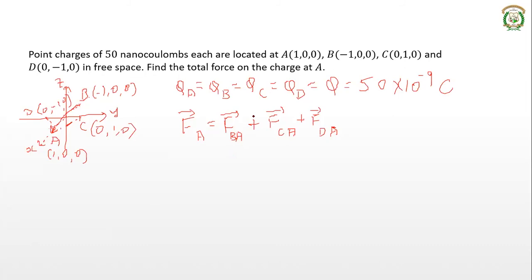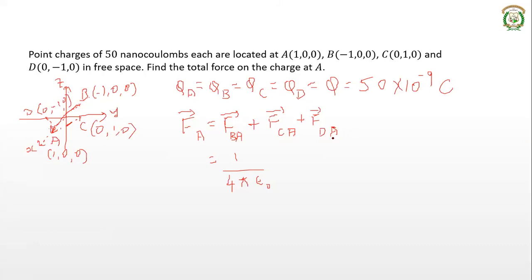What is common in all of this is 1 by 4 pi epsilon, so we can take it outside. Since it is given as free space, it is 1 by 4 pi epsilon naught multiplied by, in case of FBA, QA into QB. In case of FCA, it is QC into QA.